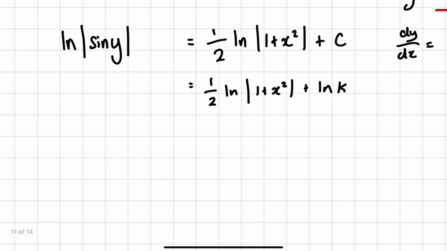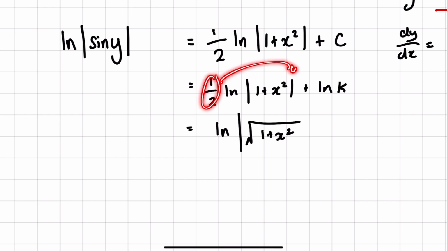Okay, so this equals, I'm going to use my laws now. I'm going to bring the half over up here. So it's going to be natural log of the square root of 1 plus x squared. That's bringing my half up here. Plus natural log of k.